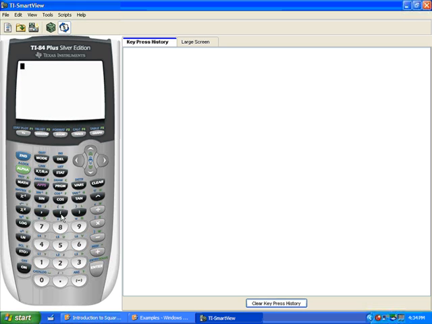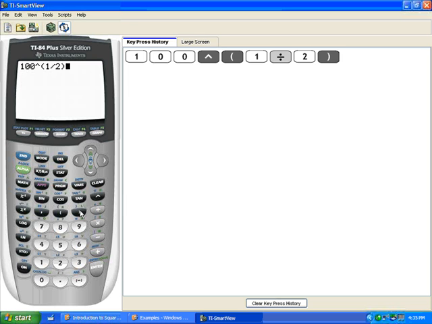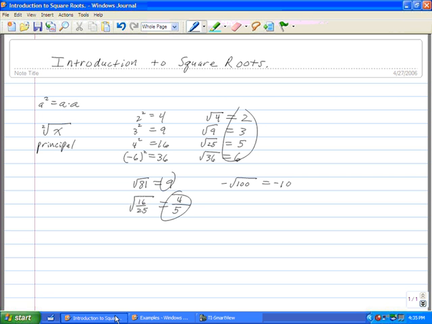Let's try another one. Let's take, let's say, 100 to the power 1/2. Since the square root of 100 is 10, 100 to the 1/2 should be 10, and it is.